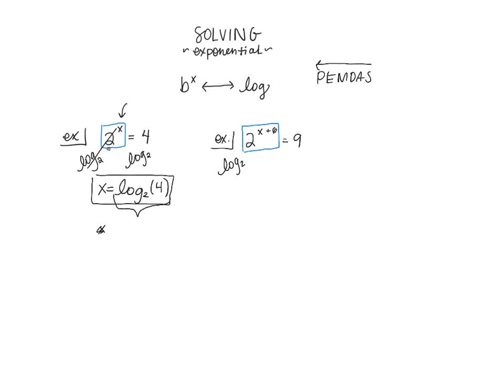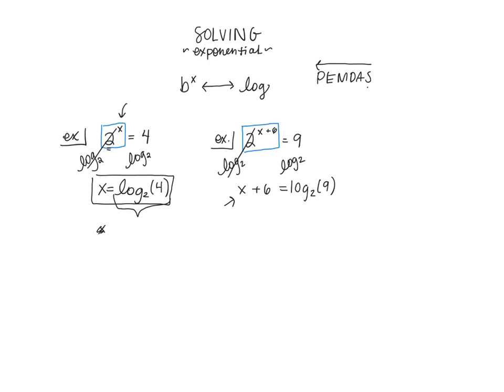We're going to log base 2 both sides. On the left side, my log base 2 and my base of 2 of my exponent will cancel out, and I'm left with x plus 6. And on the right side, I now have log base 2 of 9. All right, but I want to get x alone, so I want to think about PEMDAS backwards again.